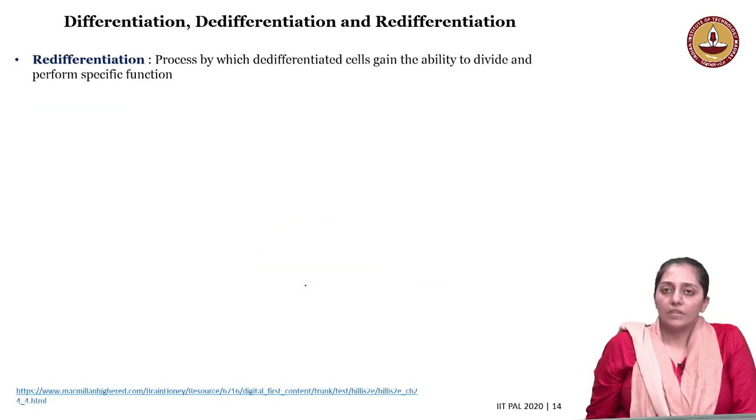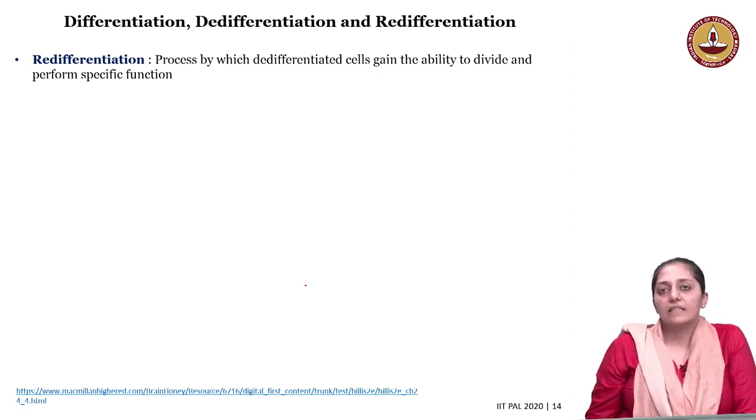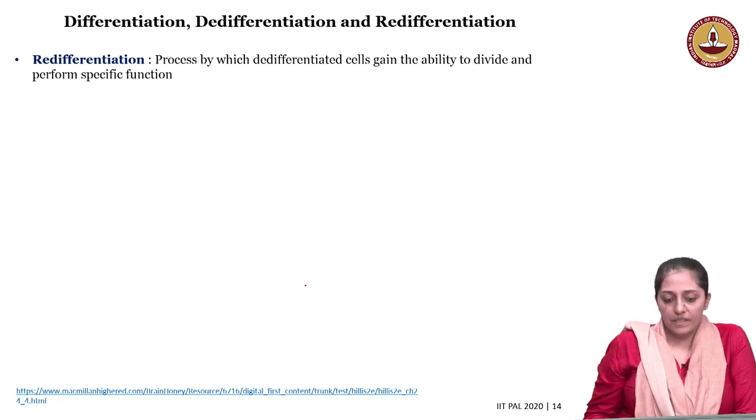Now, talking about the third term, which was redifferentiation, the process by which dedifferentiated cells gain the ability to perform the specific function. Once a cell has dedifferentiated, again it is redifferentiated to perform a new set of functions. So, that is redifferentiation.